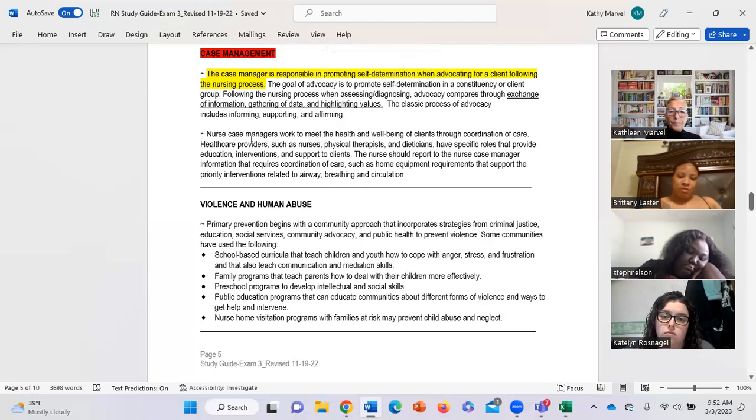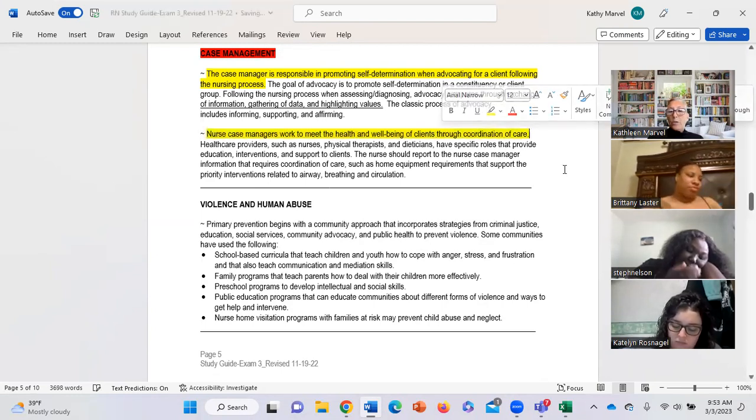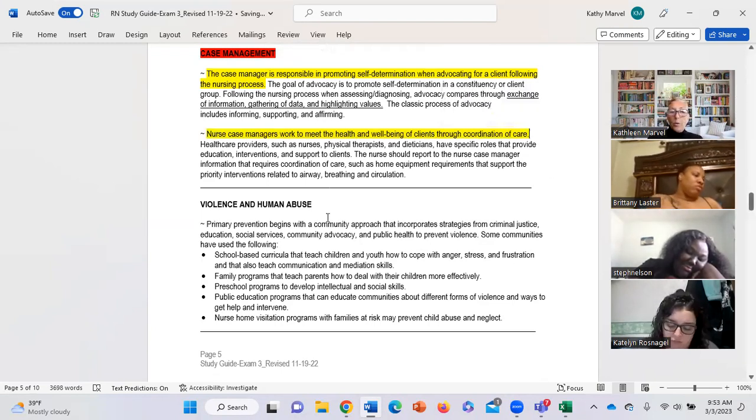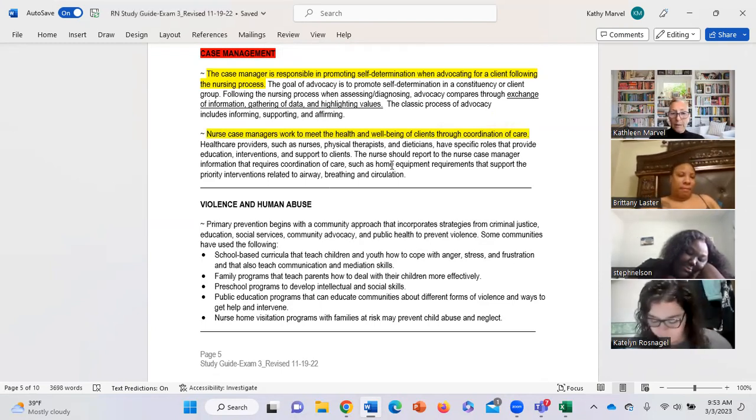Nurse case managers work to meet health and well-being of clients through coordination of care. That's the definition of your case manager. They are the coordinator of care. Many, many nurses have case manager roles, right? They work with PT, OT, dietitians. They do discharge planning. What services is the client going to need when they get home or get to the rehab?